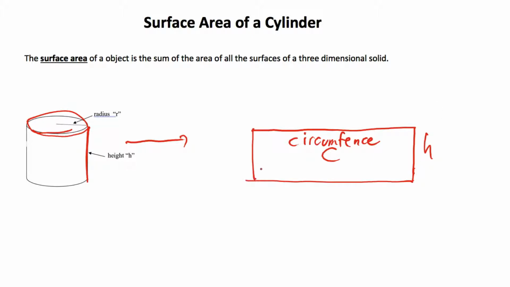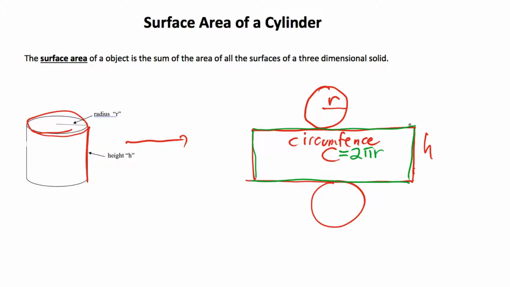So there's our rectangle, and then we had our two circles, which are identical, so it'll be one area of the circle times two. Just looking a little bit more at our rectangle again, this is going to be length times width, which is going to be circumference, which we know the formula for circumference of a circle is 2 pi r. This distance is the same as this distance. So it'll be circumference times height to get the area of the rectangle.